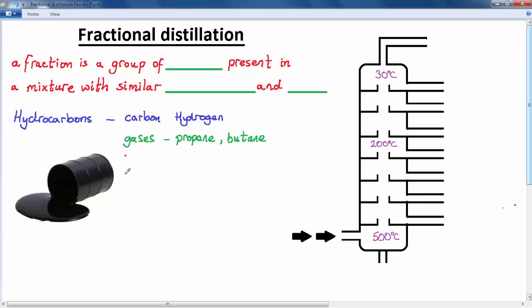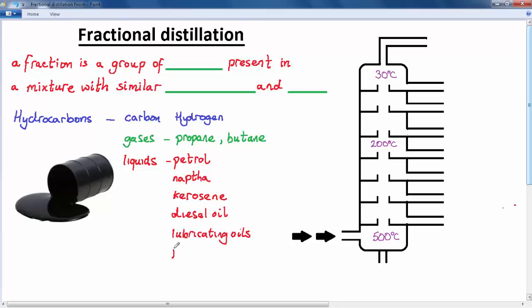And after that we have a whole mixture of different liquids, starting with petrol, then naphtha, kerosene, and then diesel oil, and then lubricating oils, and then fuel oils. And fuel oils are used by power stations to produce electricity.